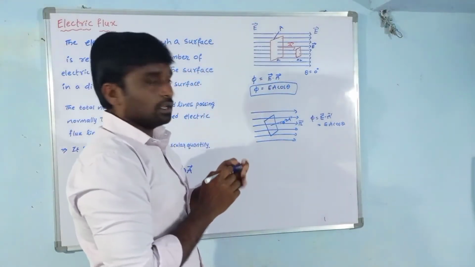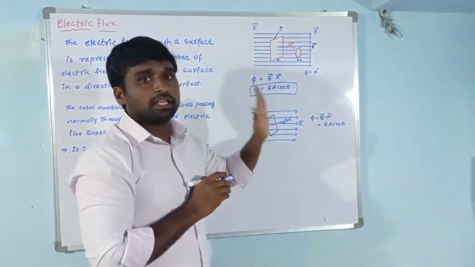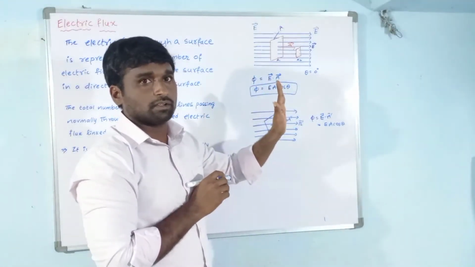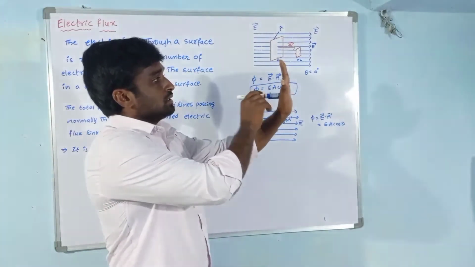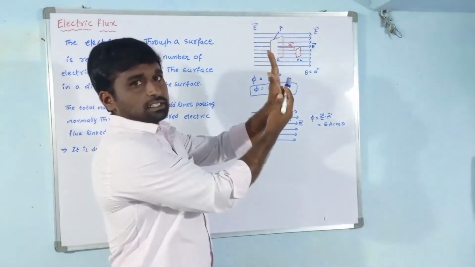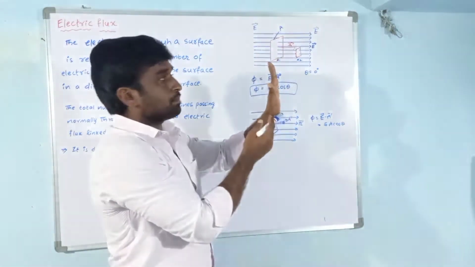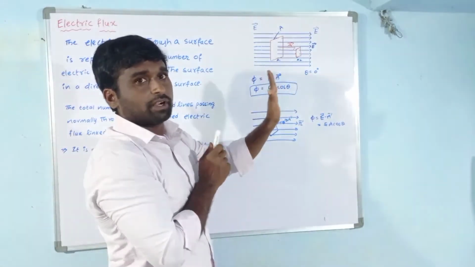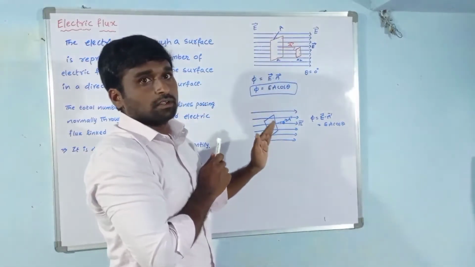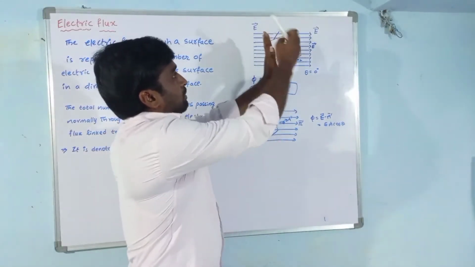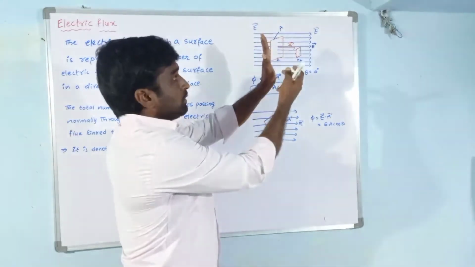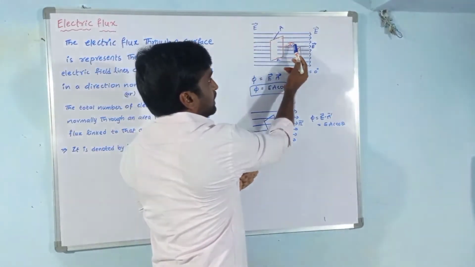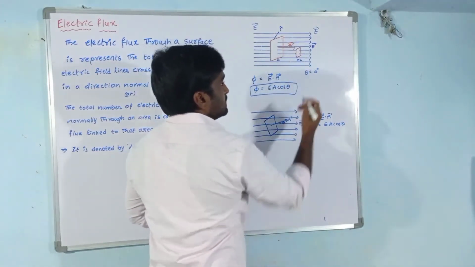So when a plane surface is placed inside the electric field perpendicularly, these are the electric field lines and this is the plane surface. What is the angle between the area vector and the electric field lines? It is 0 degrees.